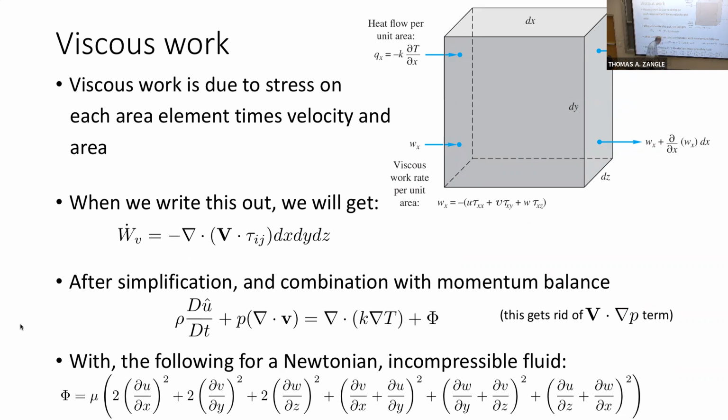So if we have, for example, the x velocity varying in the y direction, meaning the velocity in the x direction is a function of y. Let's say we have flow between two flat plates, an example that we'll look at probably on Friday, and that we've looked at in the past.